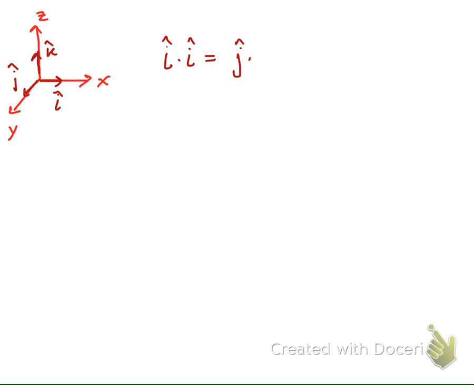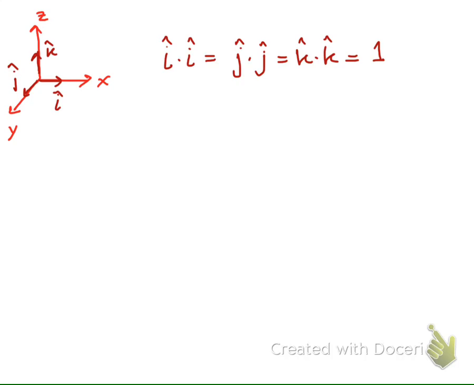So if we write down the unit vectors along the x-axis, y-axis, and z-axis, and using the notation, this is i, this is j, and this is k, we have that i dot i is equal to j dot j and equal to k dot k, and they are equal to 1, right?